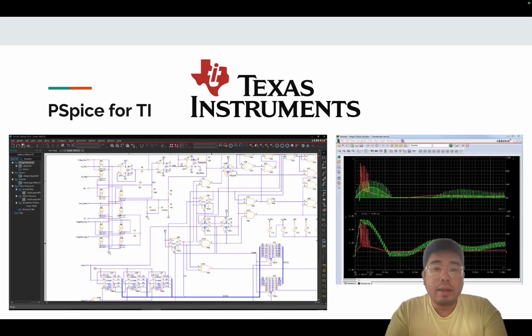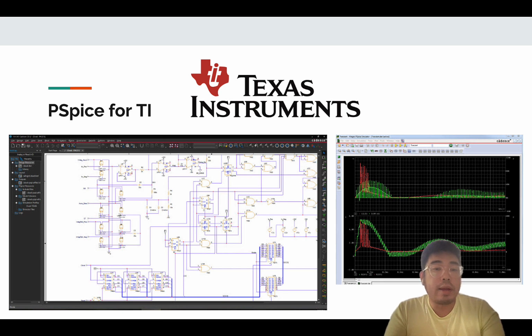The next one is PSpice for TI, with TI known as Texas Instruments, based in Dallas, Texas. This software is used specifically for TI parts.